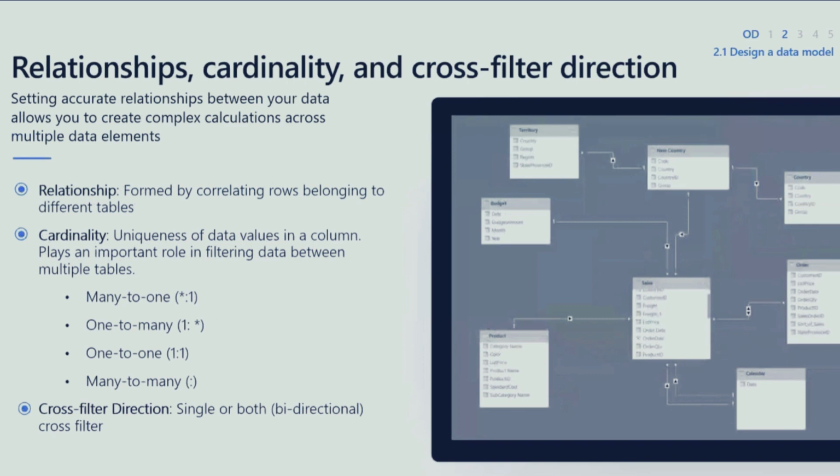And what that means is that they could be single directions or they could be bidirectional, as in both tables which participate in a relationship can filter each other, or there could be one table which is more driving and filtering rather than the other. So that is quite critical as well, and something again that I suggest you explore a bit more before you go and sit the exam.